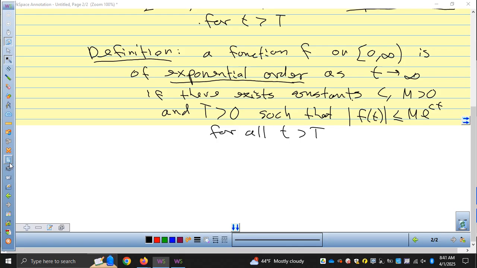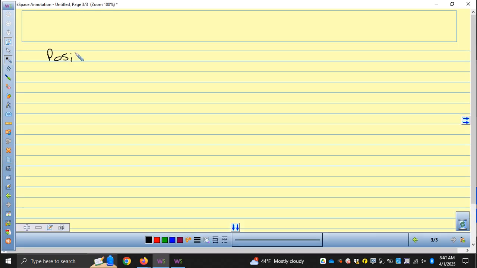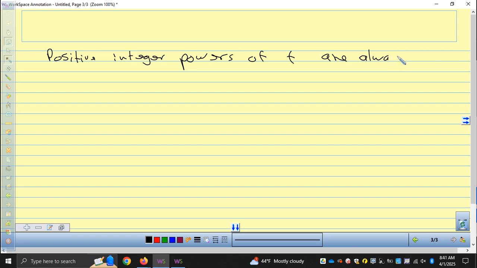Positive integer powers of t are always of exponential order. So in other words, the absolute value of t to the n is less than or equal to M e to the ct.